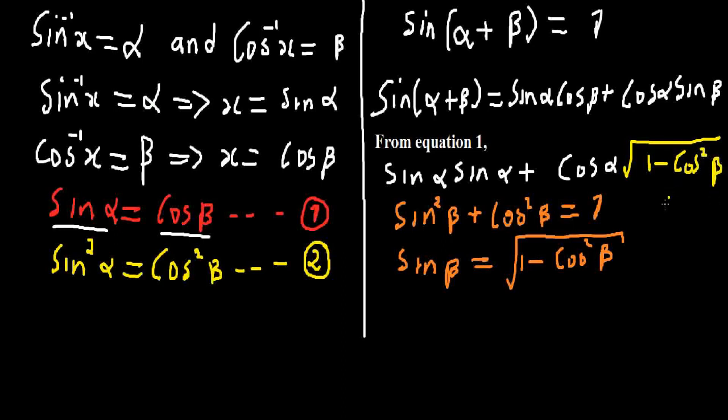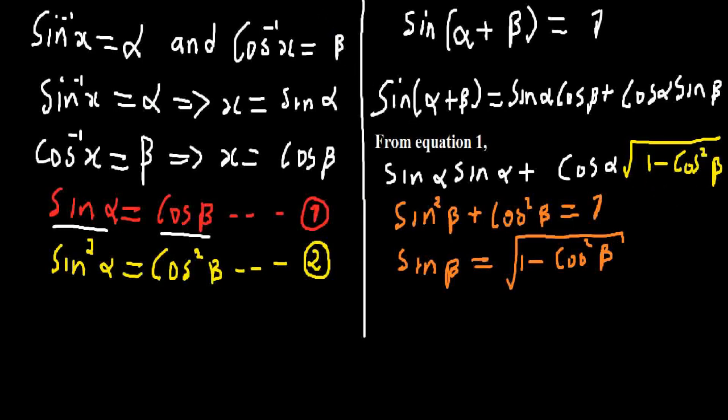Now why do I do this? Because I already have from equation 1 that cos beta is sin alpha, and equation 2 says that cos squared beta is sin squared alpha. So anywhere I see cos squared beta, I simply replace it with sin squared alpha. So that is the main reason I squared equation 2, so that I can replace it here.